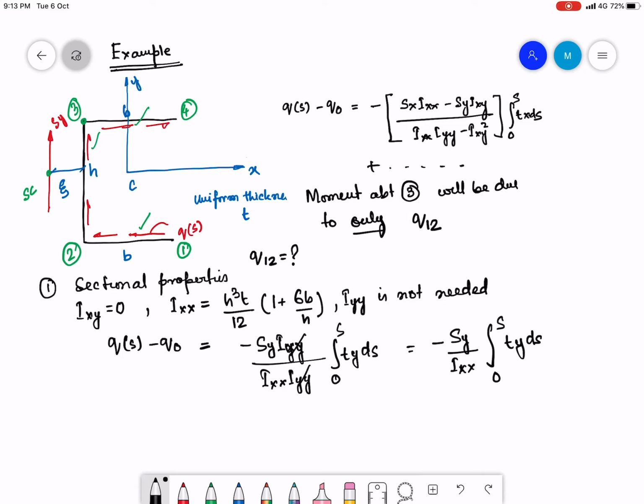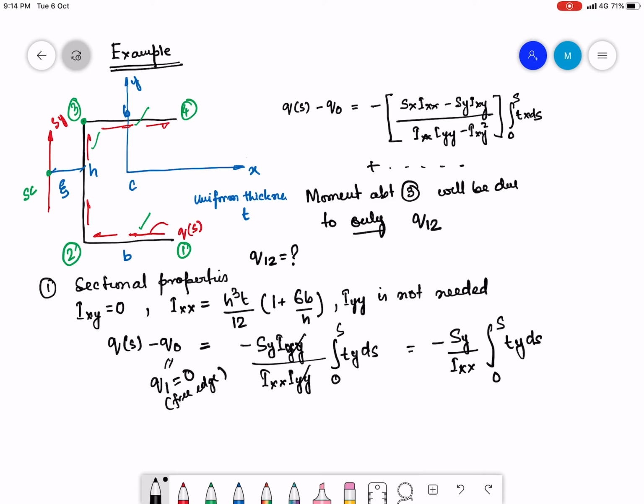This is another trick. When you have to find out the shear flow or the normal stress because of applied bending moment, first check which sectional property you need before going ahead and finding out all the sectional properties. Okay, so now Q0 is going to be Q1, which is equal to 0 because it is a free edge.